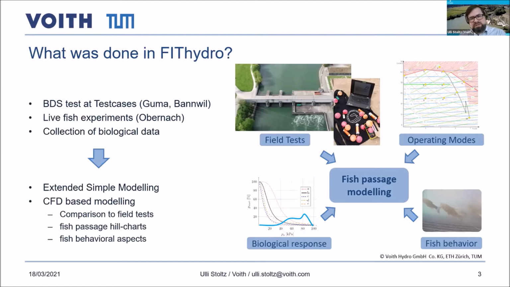So we wanted to improve the fish modeling by using the input from the test cases, and also calculating not only one operating condition, but looking at the whole operating range of the machine, how the machine is operated over the year, and see how this influences the survival rate.